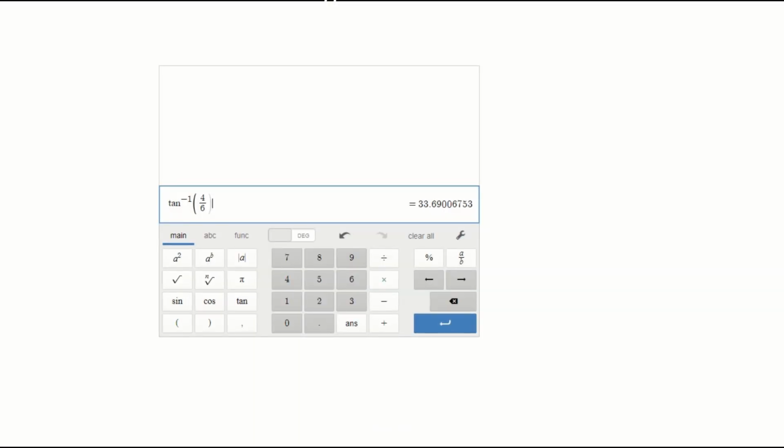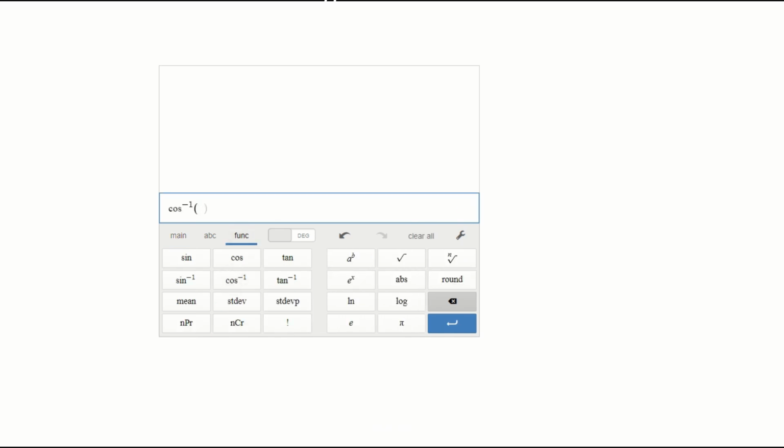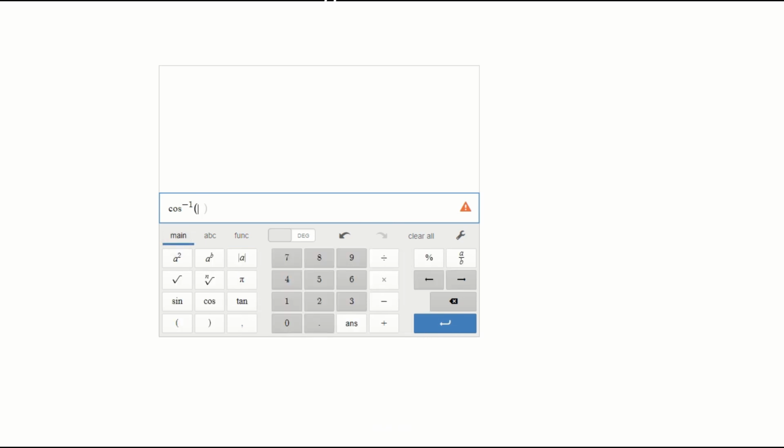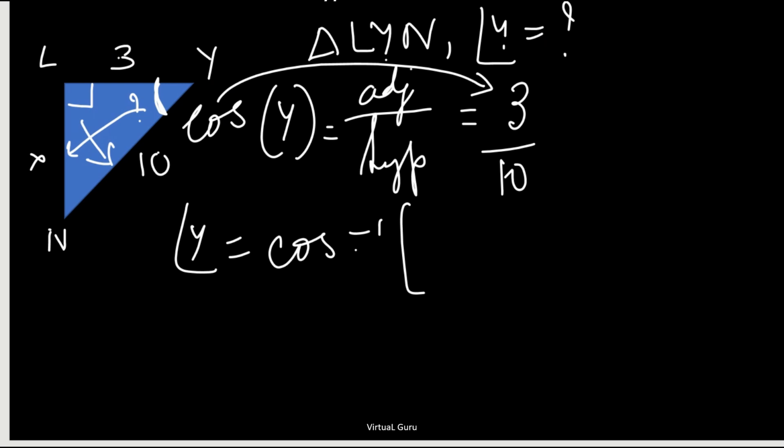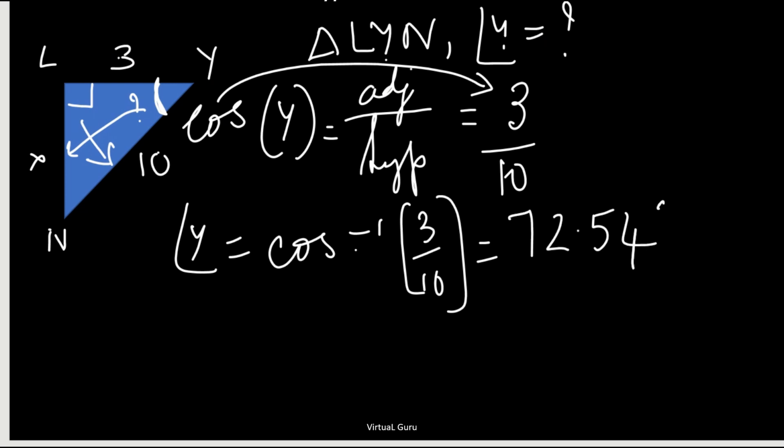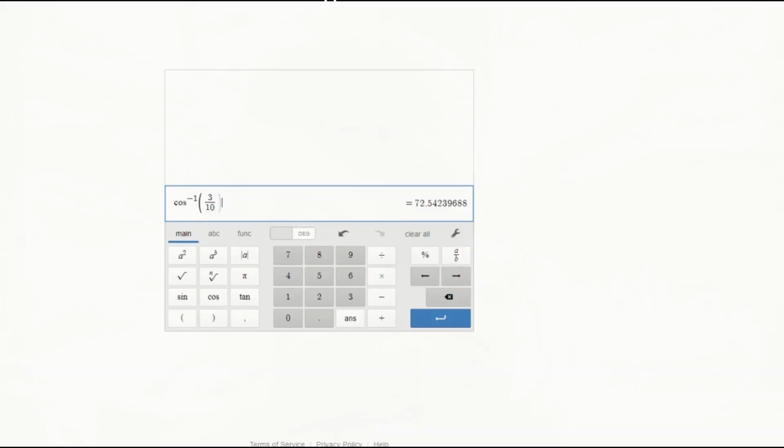Clear all. Go to the function cos inverse, go to main, that is 3 divided by 10, that will give you 72.54. Cos inverse of 3 by 10 is equal to 72.54 degrees.